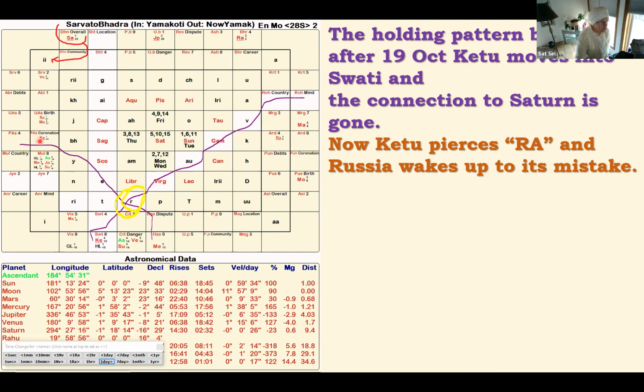Remember how Ketu is in the Abhishek to begin with in the natal chart. And now in transit, it will also be in Russia. So what we can say is Russia will wake up to its mistake because Ketu is the planet of mistakes. And so we'll see, and it's impacting on the other end, country. So the population of Russia is also waking up to the mistake.